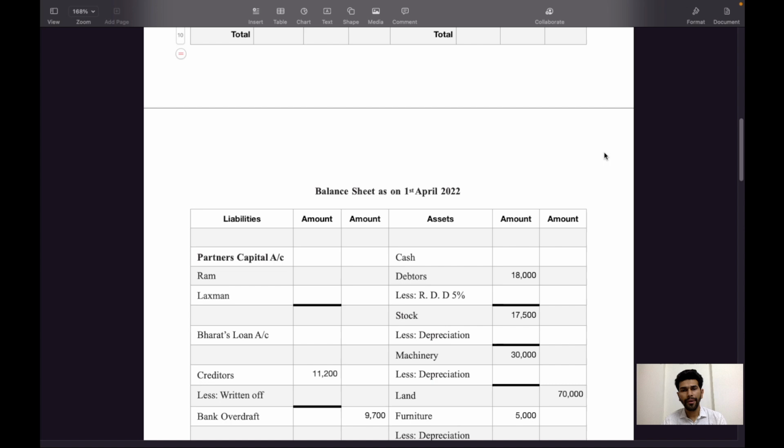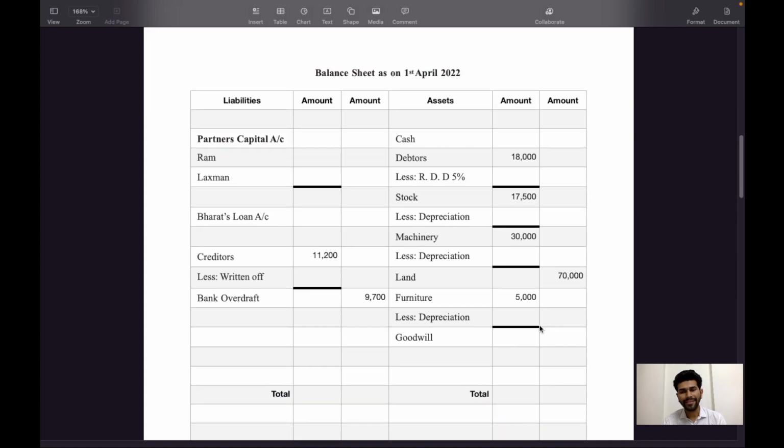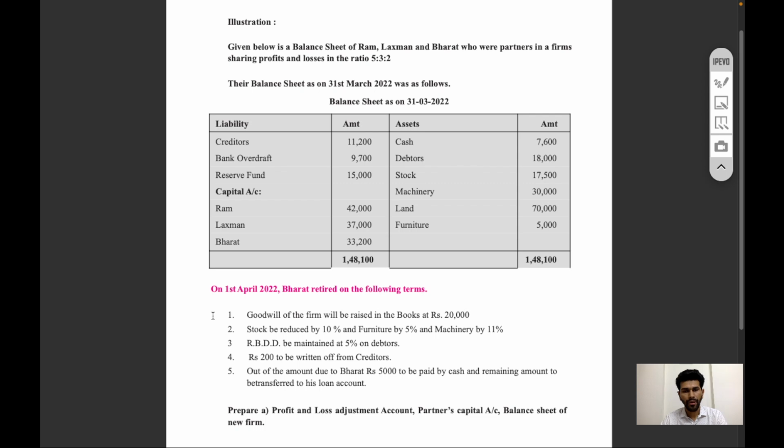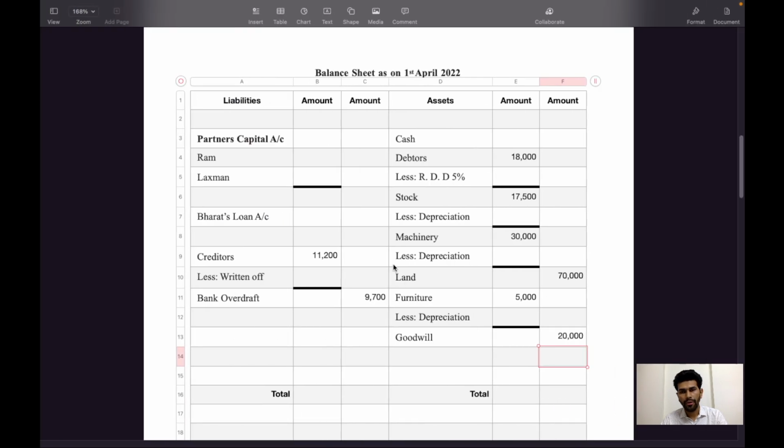And the second effect will be on the balance sheet asset side, goodwill is raised by 20,000 rupees. So the first effect is partners' capital account credit side by goodwill account, and balance sheet asset side goodwill. First entry is over. Second adjustment, stock be reduced by 10%. 10% of 17,500 is 1,750 rupees.